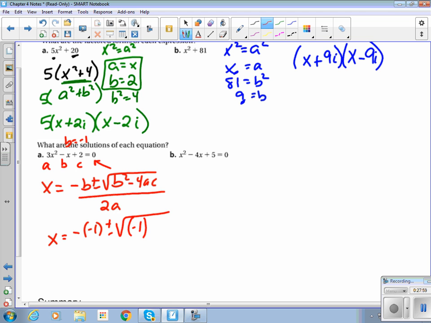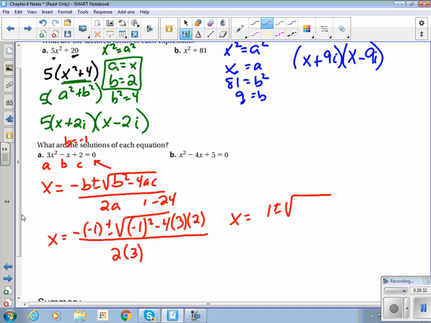When you have a negative b, make sure you put it in parentheses, minus 4ac, all divided by 2 times a. Simplify, simplify, simplify. x equals 1 plus or minus square root. 1 squared is 1. Minus 4 times 3 is 12 times 2 is negative 24. So 1 minus 24 is negative 23, all divided by 6.